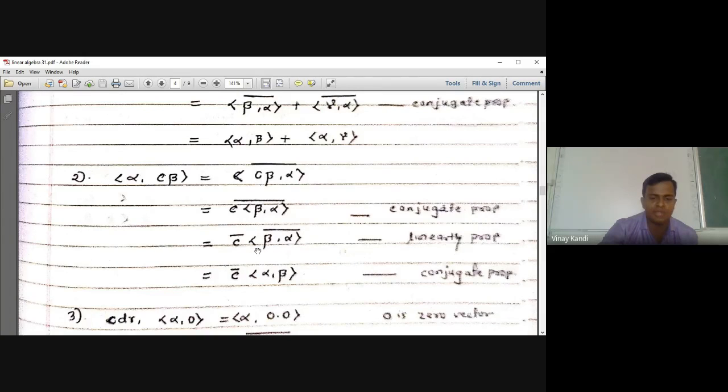By conjugate property, inner product of beta alpha bar, which is equal to inner product of alpha beta, and c bar as it is. And the second statement holds: if c is on the right side of the inner product, then it comes outside as c bar. Okay, now the third property.